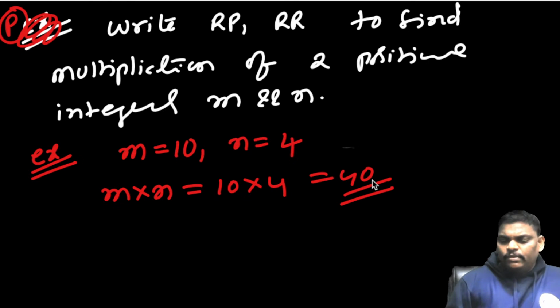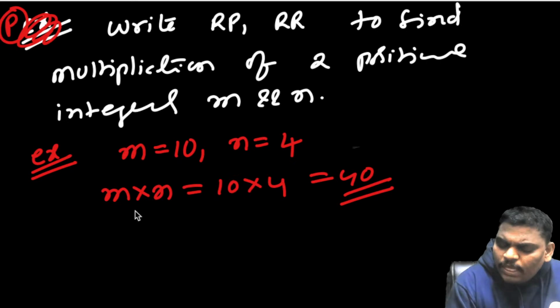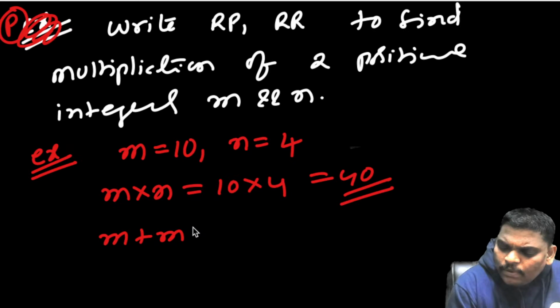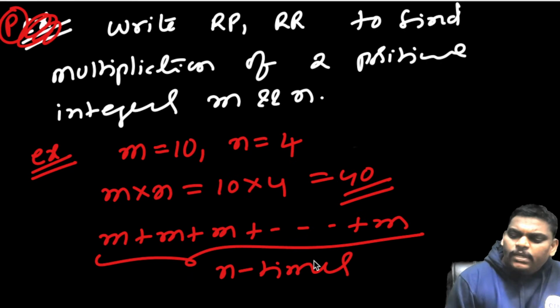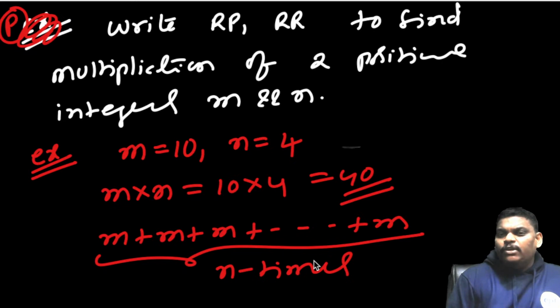So how to get it? Everyone knows m into n is nothing but adding m, n times. Multiplication is repetitive addition. Recursion means repetition. Can I write this problem in terms of repetition? Sir, why repetitive addition?